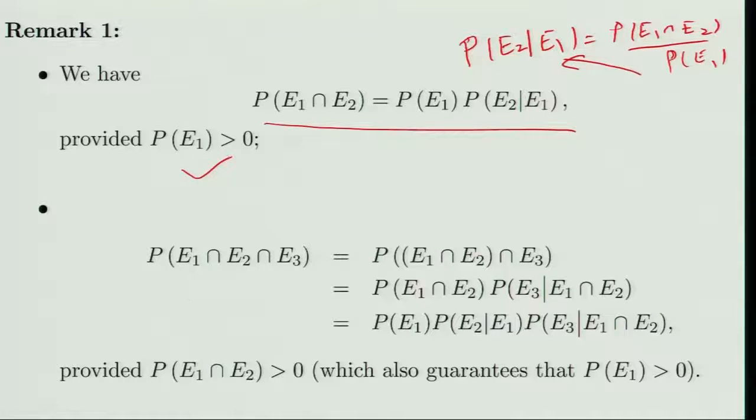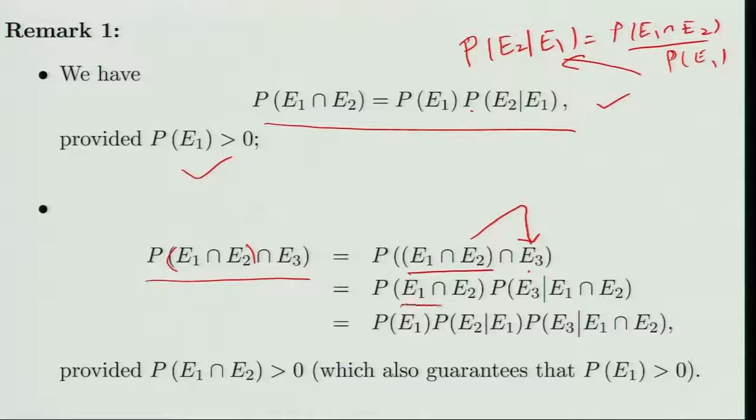Now let's look at what happens in the case of three events, probability of E1 intersection E2 intersection E3. So I combine E1 and E2 together, intersection E3. So I can consider this as now two events. By this formula this would be the same as probability of the first multiplied by probability of the second given the first. So E3 given E1 intersection E2, it follows from this.